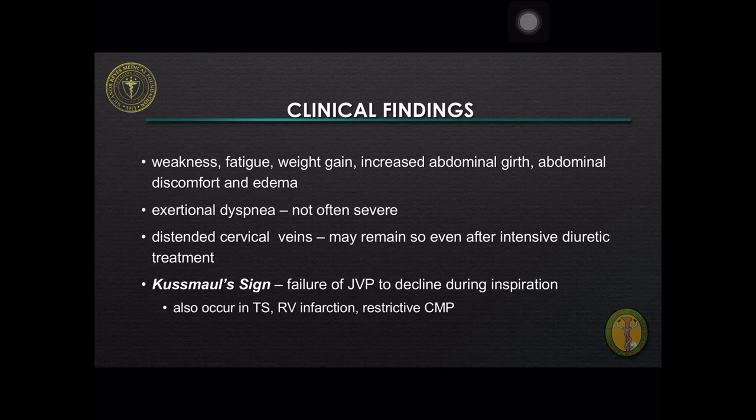On physical examination, failure of the jugular venous pressure to decline during inspiration can be observed, and this is known as the Kussmaul sign. The latter also occurs in TS, RV infarction, and restrictive cardiomyopathy.